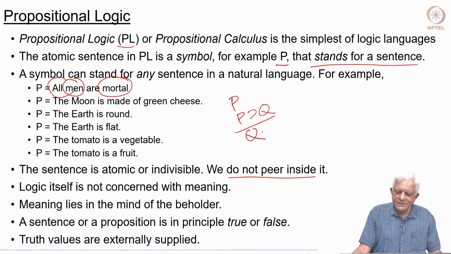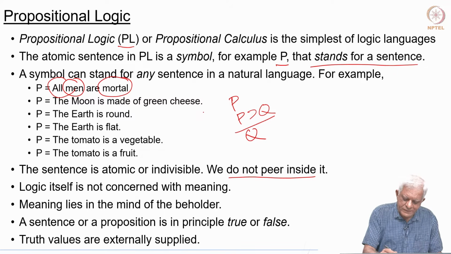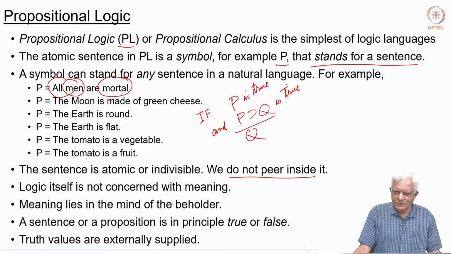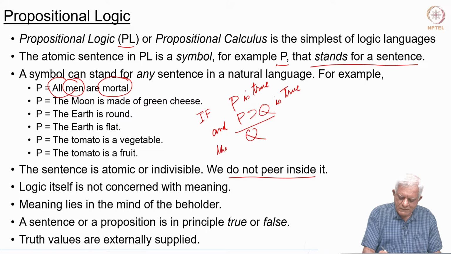That is the reason why valid forms of reasoning say that if P is true and P implies Q is true, if you tell me that P is true and that P implies Q is true, then because my system is sound, I can tell you that Q is true.